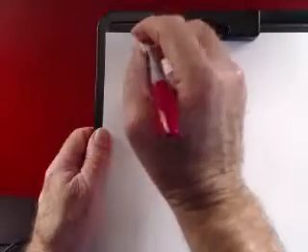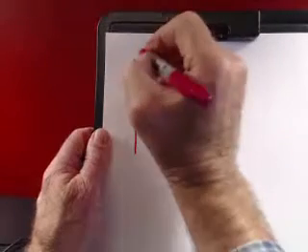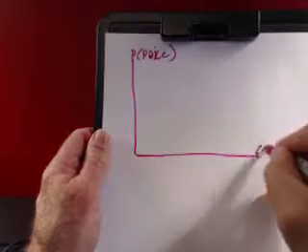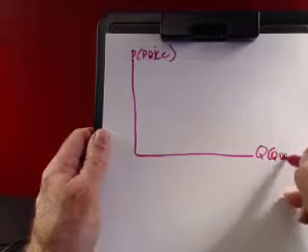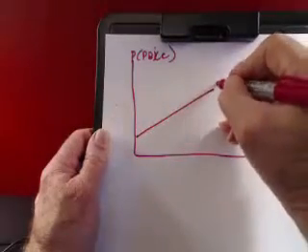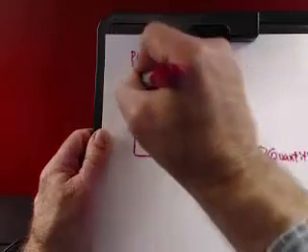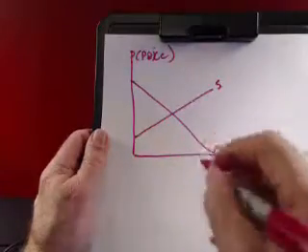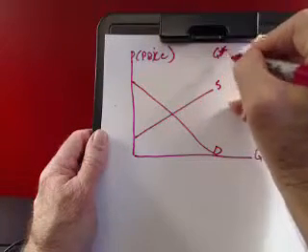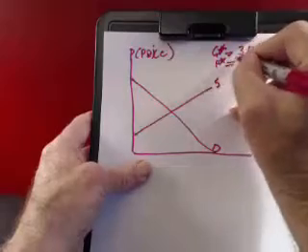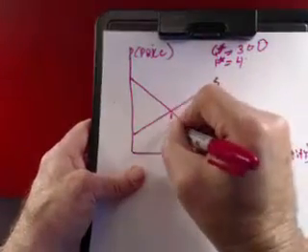And we'll draw our supply demand curve. So we have price, then we have quantity, we have our supply curve, we have our demand curve, and recall that Q star equals 300, P star equals 4. All right, so we'll just plot these.